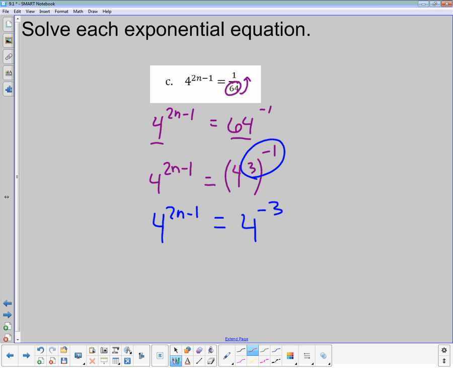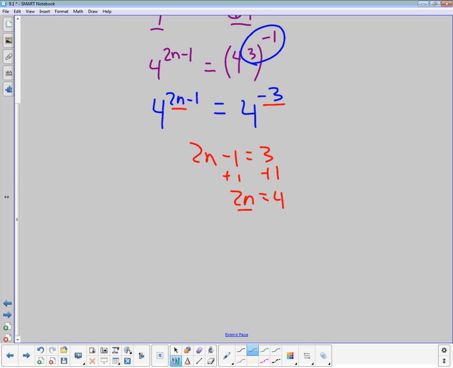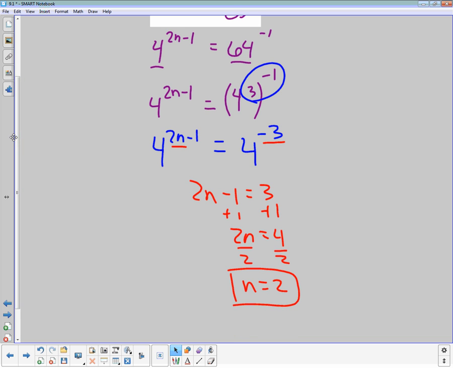Now I have common bases, exponents equal to each other. 2n minus 1 equals 3, add 1, 2n equals 4, divide by 2, and I get n is equal to 2. And again, a way to check your answer is to go ahead and plug that in. If I plugged that in, I would have 2 times 2 minus 1, and I could figure out if that's going to give me the right power or not.